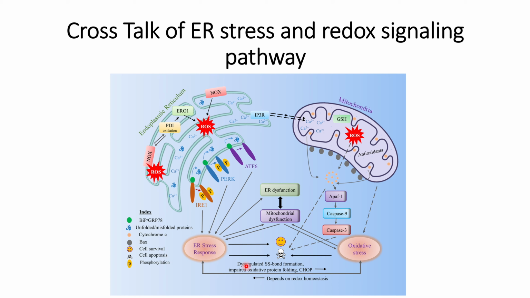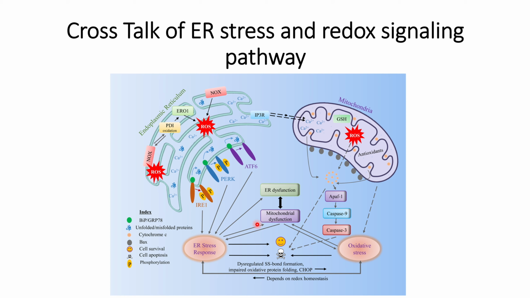And if the oxidative stress and ER stress cross beyond a limit, then it will trigger cell death, as the cell will consider the condition irreversible, and for the benefit of the host, it will trigger those cells towards apoptosis or programmed cell death.